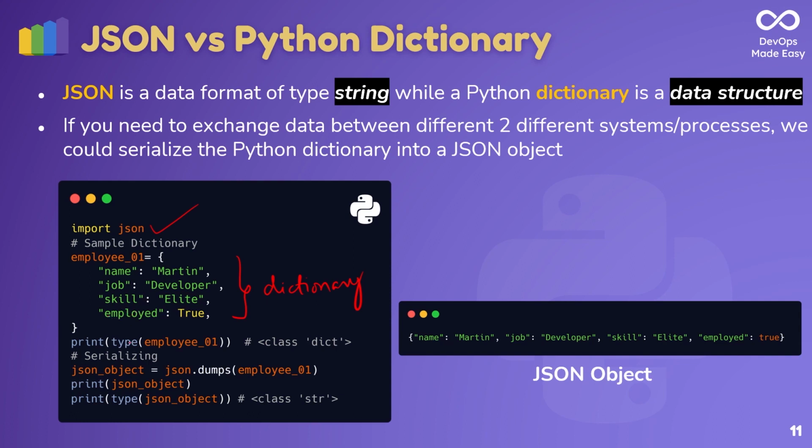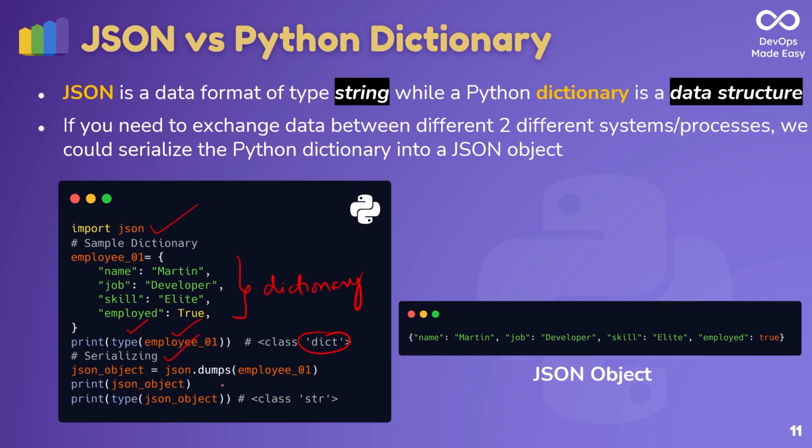Then before serializing this dictionary, I'll see the type of this employee1 object. Using the type function, I'll pass the employee1 variable name, and that will show me the class as dictionary. Then I'll serialize it using JSON.